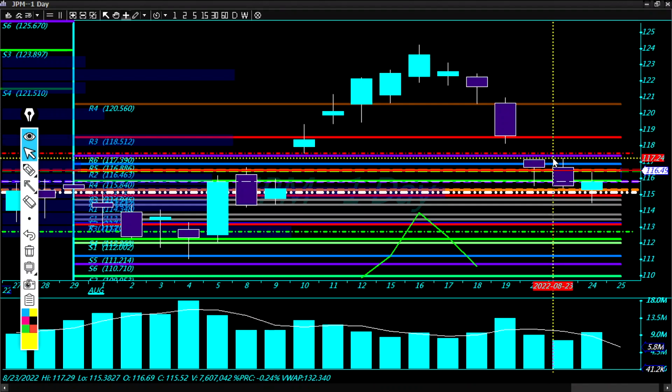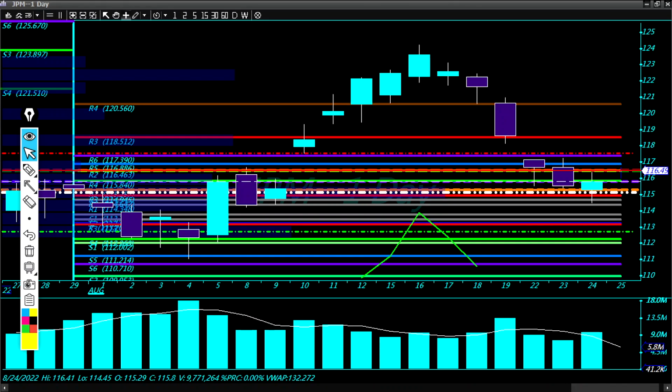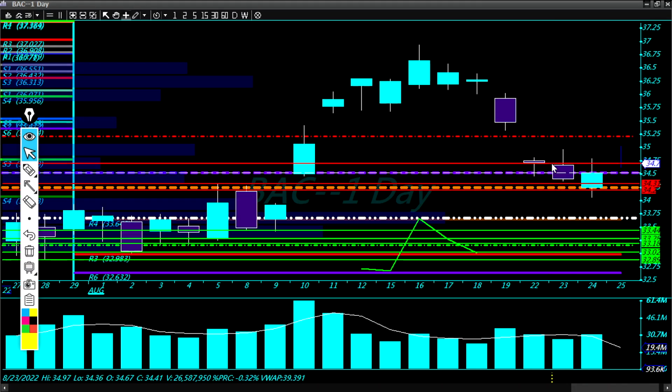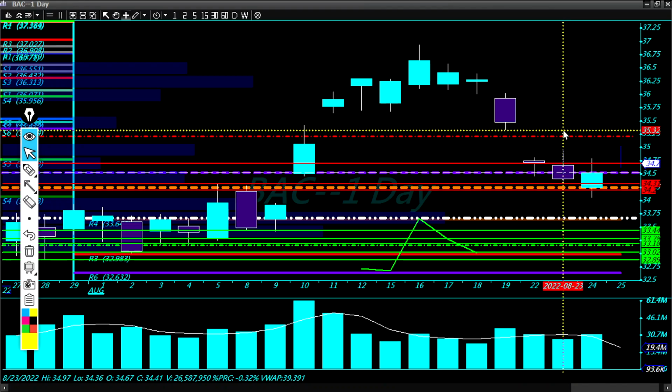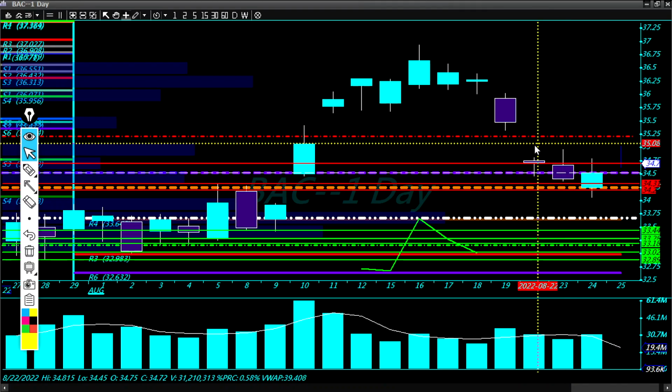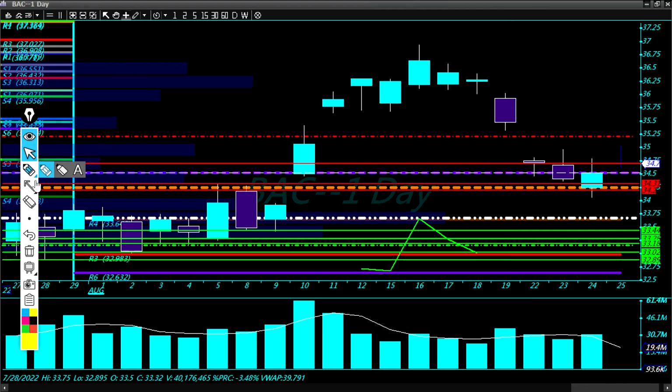There's a gap fill area right there. I think Bank of America is the same kind of vibe, from around 34.75 to let's say around 35.32, 35.46. There's a possible gap fill there, so I'm keeping my eye on that.